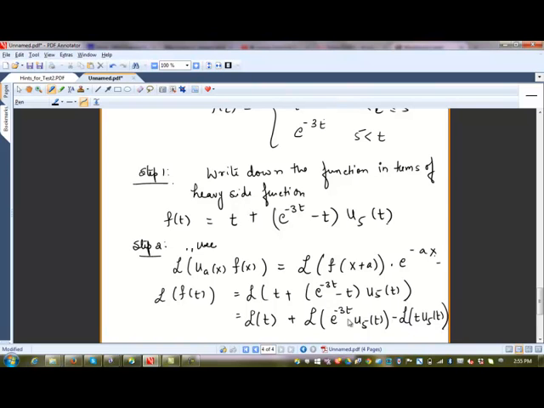As you can see, this expression is similar to what you have in the formula here. That was the reason you were given this formula. So this is, I would say, the key here, plus linearity.